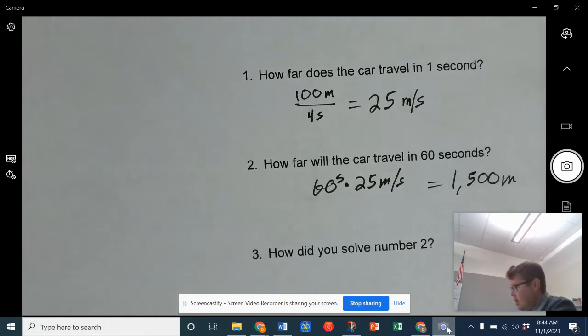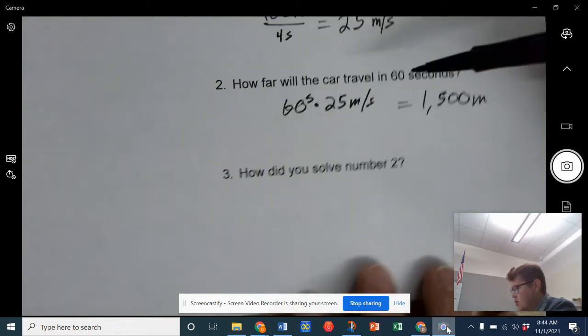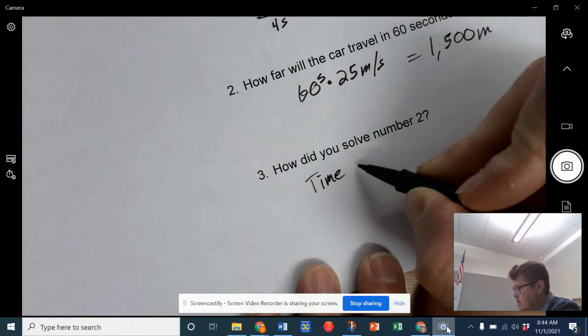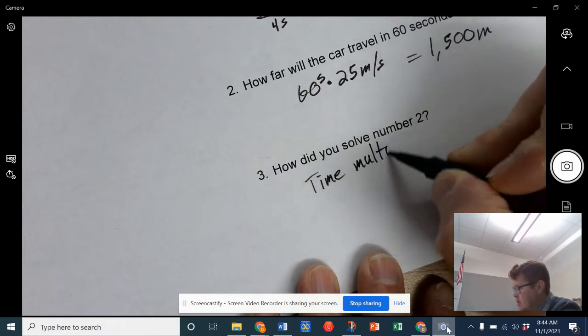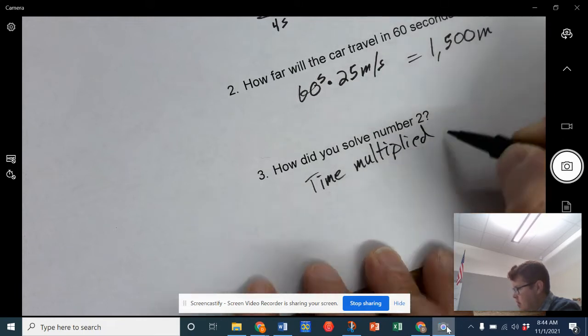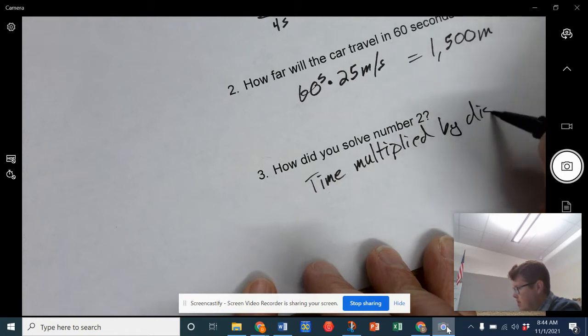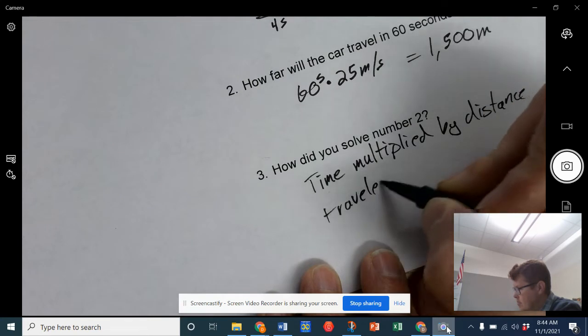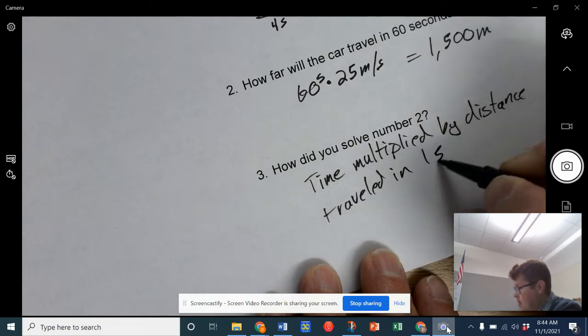That's pretty good. So how did we solve number 2? Well, we just took the time and multiplied it by the distance traveled in 1 second. Pretty simple.